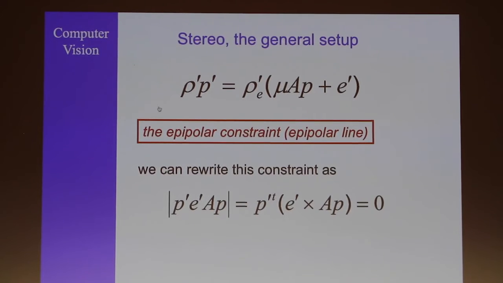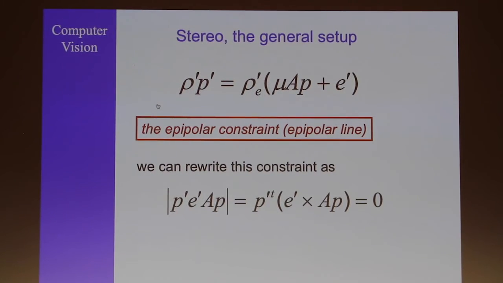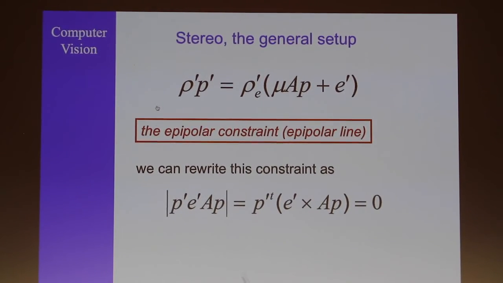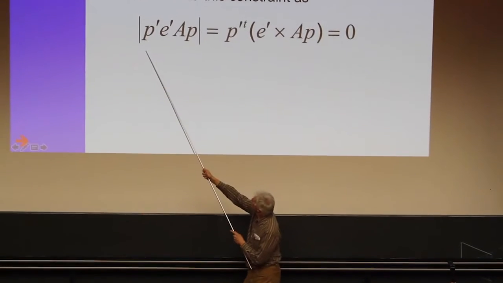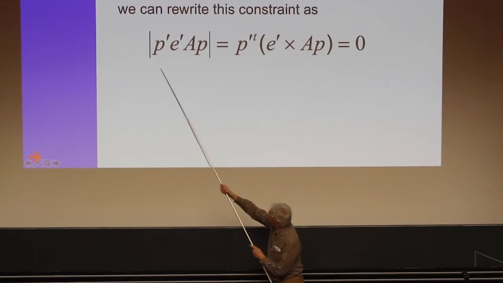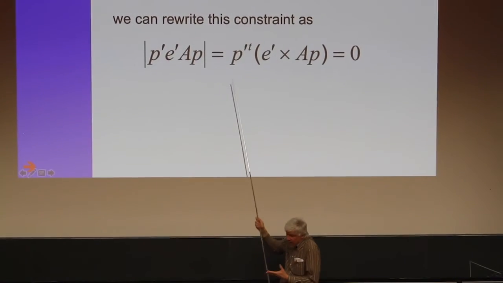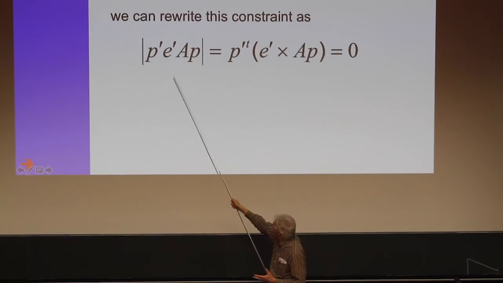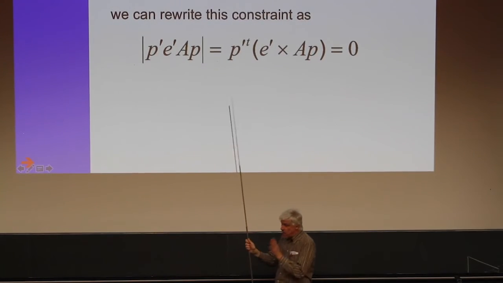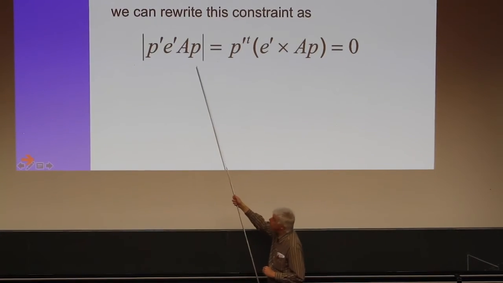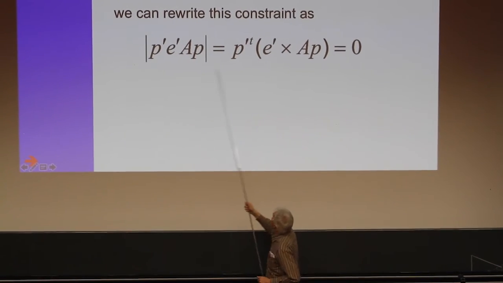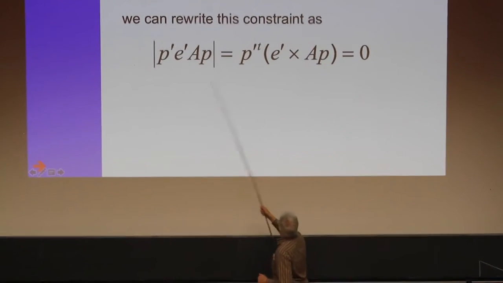And that means if you take the volume spanned by the three vectors, it's in fact squeezed flat, so it has no volume. This is the volume that would occur if you would have a body spanned by P prime, E prime and AP, only now P prime lies in the plane of E prime and AP. So that volume here is 0.